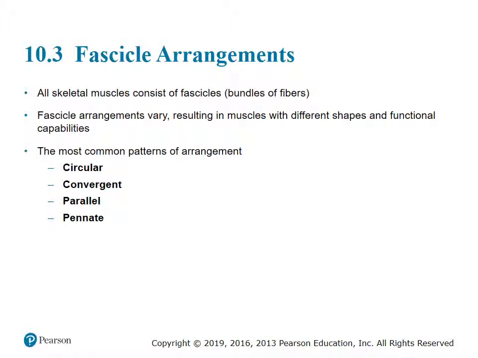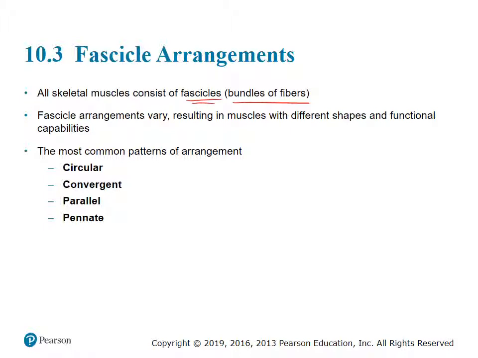Okay, so let's talk about fascicle arrangements, okay? So we know that skeletal muscle, because we've seen this in chapter 9, we know that muscle fibers and muscle cells are arranged and bundled together in what we call fascicles, right?